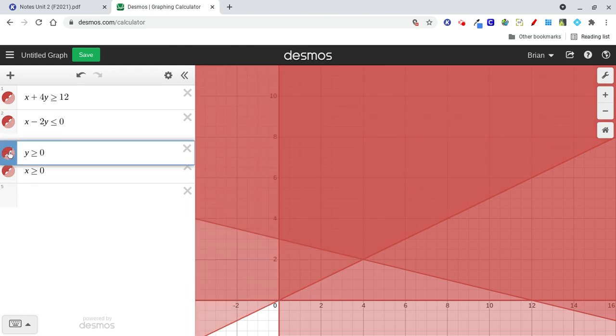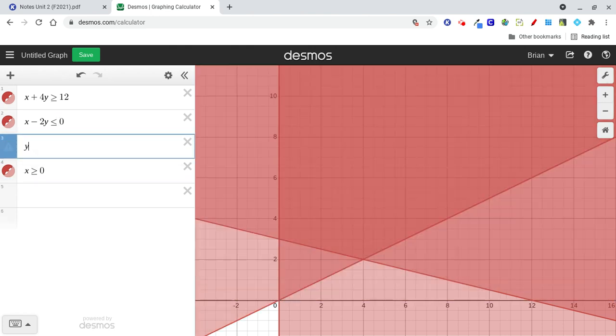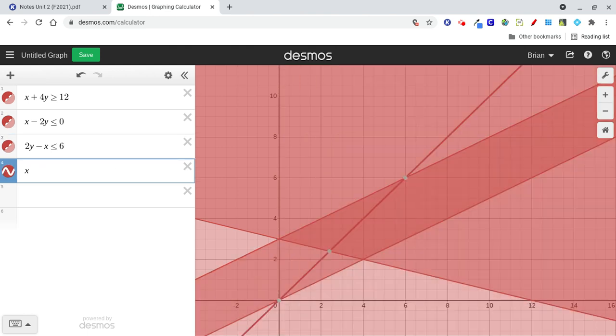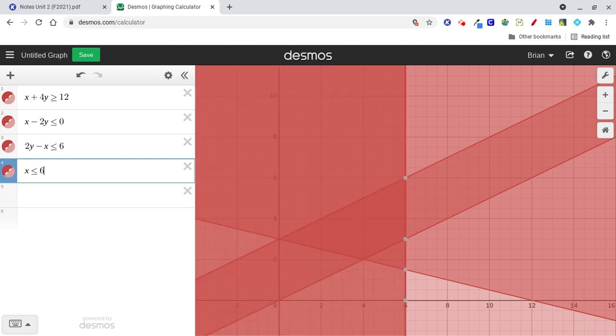And y minus x is less than or equal to 6. And x is less than or equal to 6.